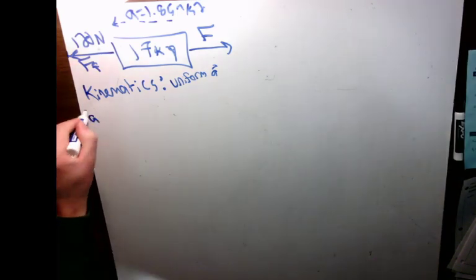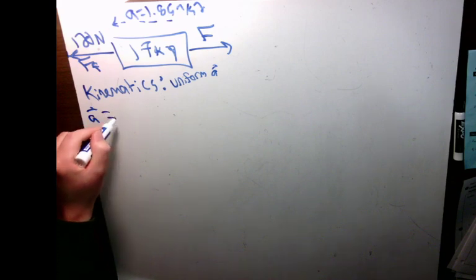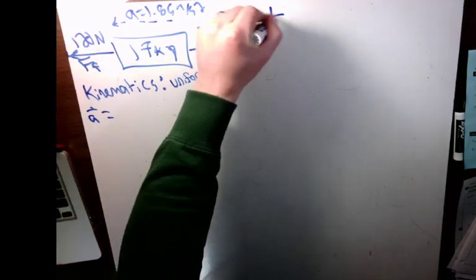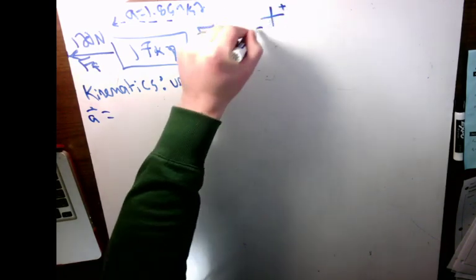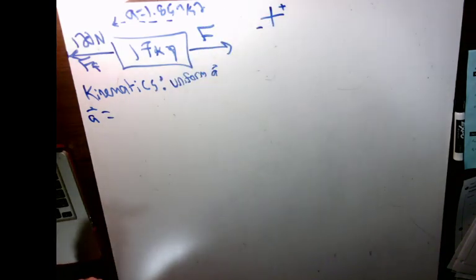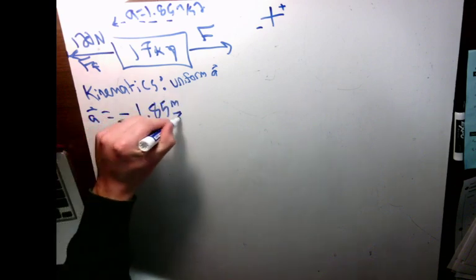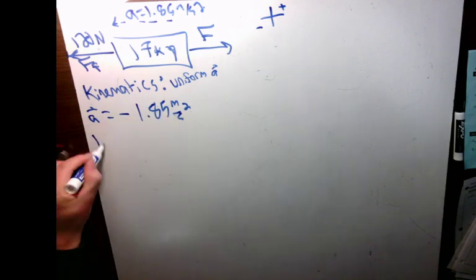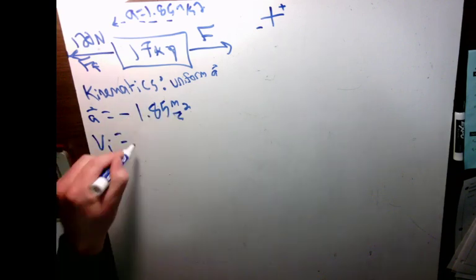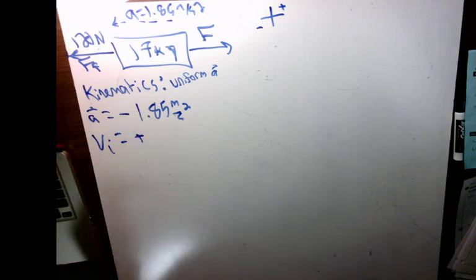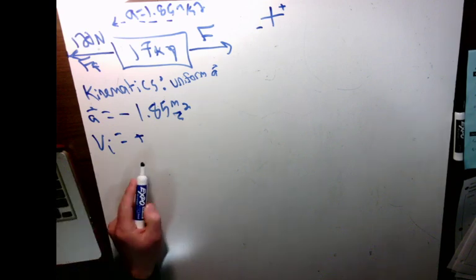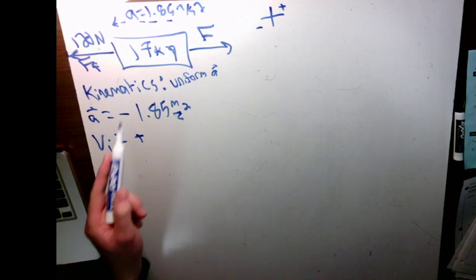So they give us acceleration. I'm going to say my reference system is positive to the right, negative to the left. So I've got a negative 1.85 meters per second squared acceleration. I have an initial velocity given to me to the right. It doesn't say that it's to the right, but if we're starting with some speed and we're going to rest, we know that our starting velocity needs to be opposite to the acceleration.